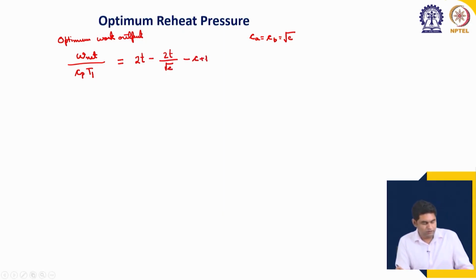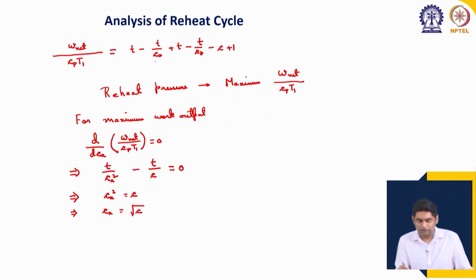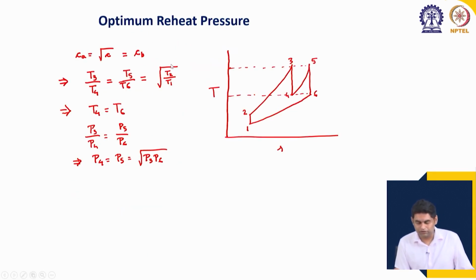Okay. This is just same as the case which was shown here, but instead of C A and C B we have written root C for both of these. Okay.